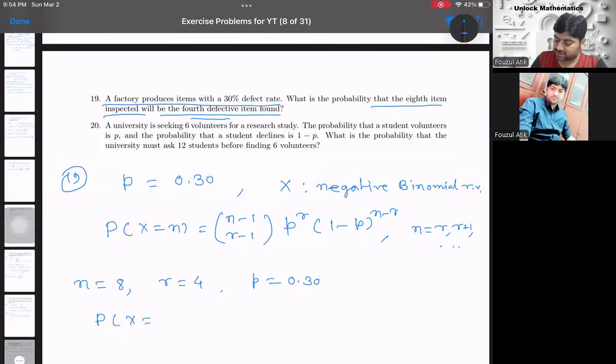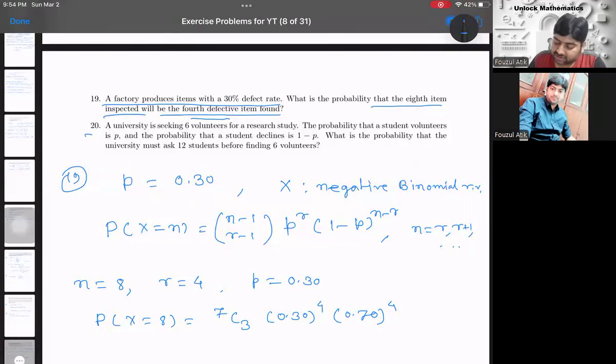P of X equals 8 is n minus 1 C r minus 1, so it is 7 C 3, times 0.30 to the power 4 times 0.70 to the power 4 again. So just put it in the formula, you will get the final answer, right?